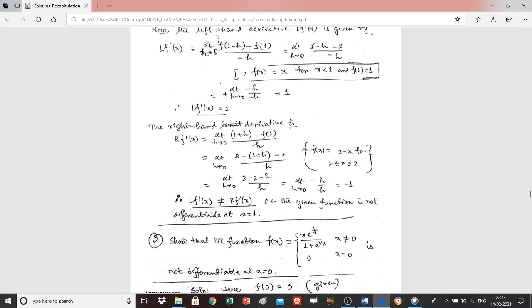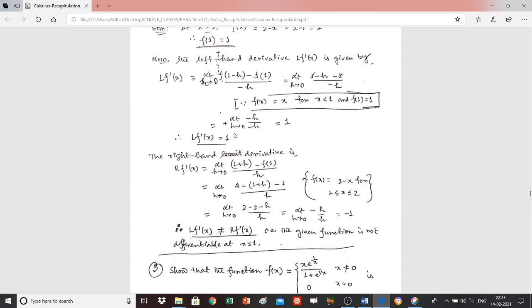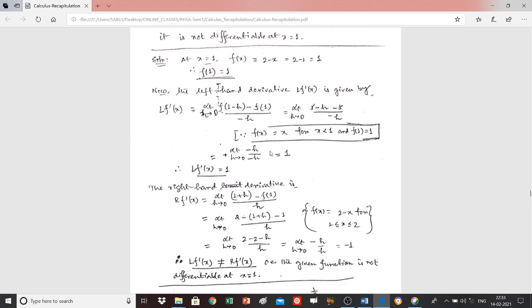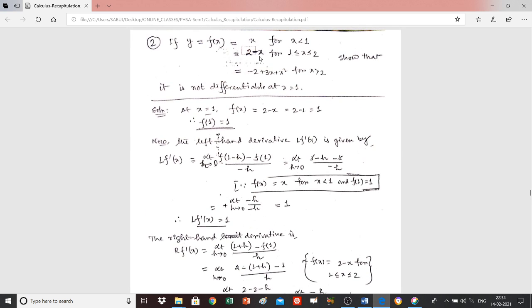Now the right hand derivative, Rf prime, is the limit h tends to 0 of f of (1 plus h) minus f(1), by h. In that case the value of x is higher than 1, so you have to use f(x) as 2 minus x.